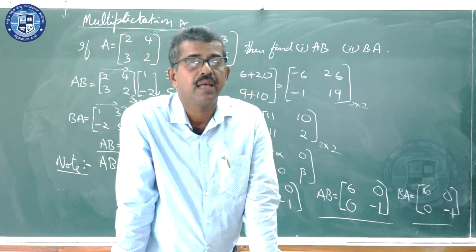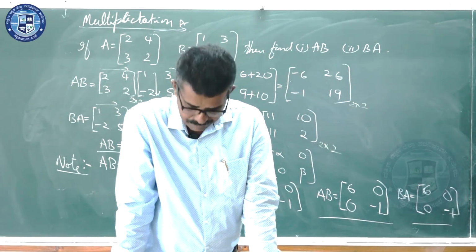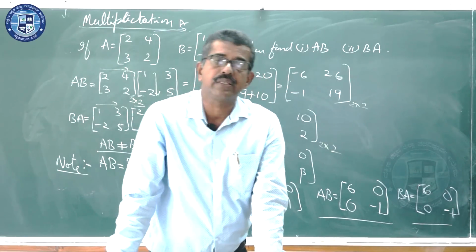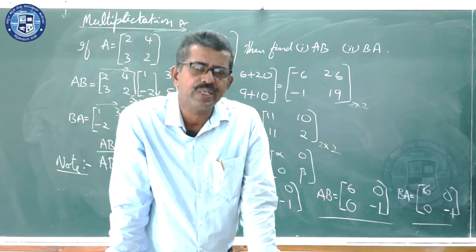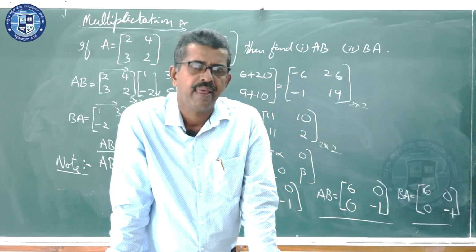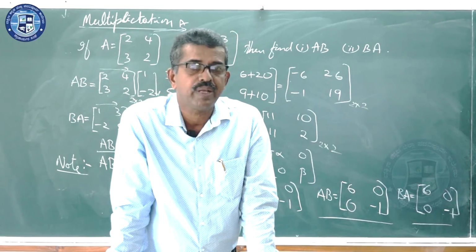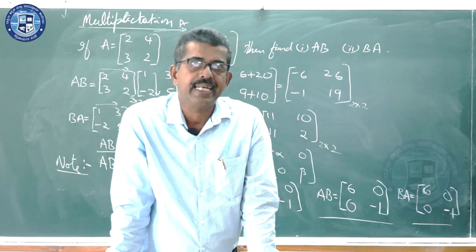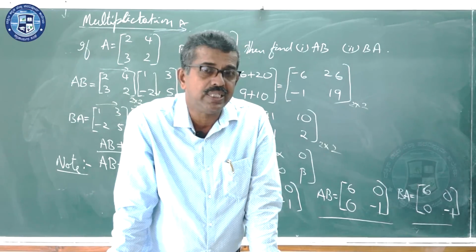But in general, matrix multiplication is not commutative. There is one more case which has to be remembered. As we have already seen, for any two real numbers x and y, whenever x into y is 0, at least one of them should be 0.